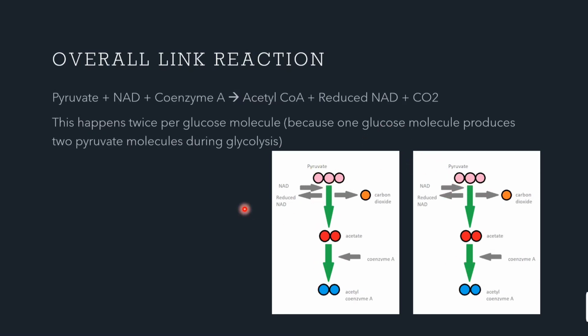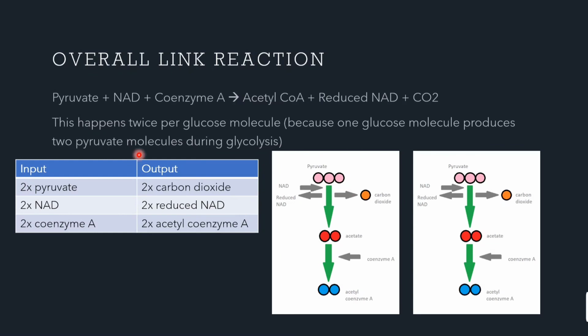As a quick summary table of our inputs and outputs, we have an input of two pyruvate molecules for our one glucose. Our glucose in glycolysis has been broken down into two pyruvate, so our two pyruvate molecules are being worked on. We have two NAD because we have an NAD for each pyruvate to take in the hydrogen atoms that the pyruvate loses.